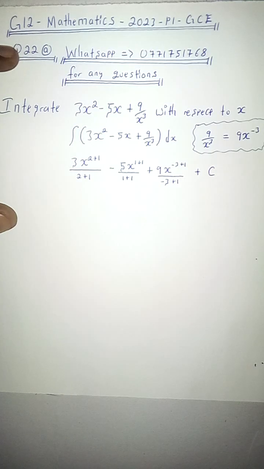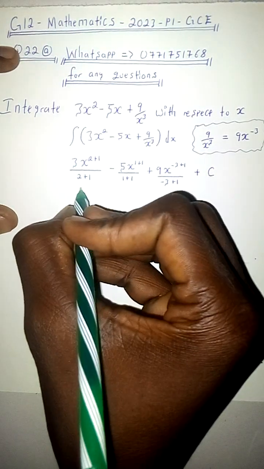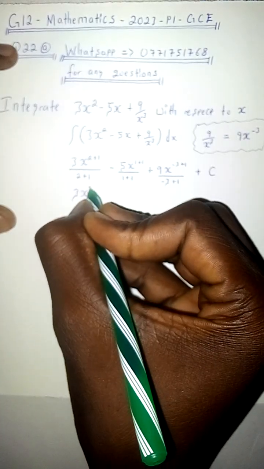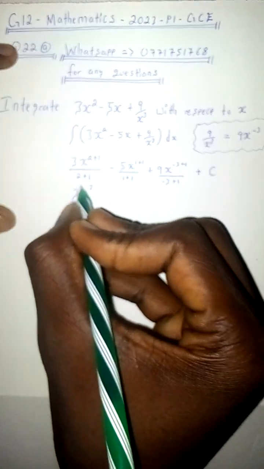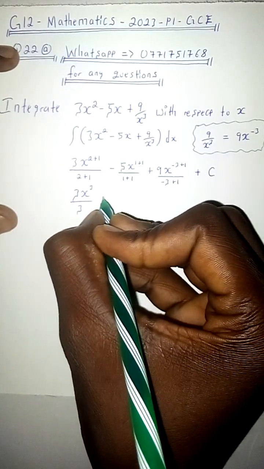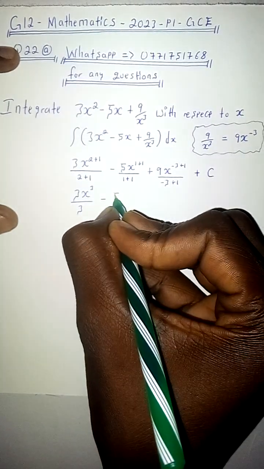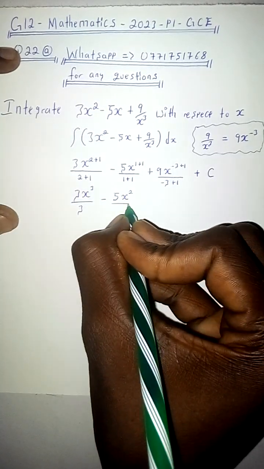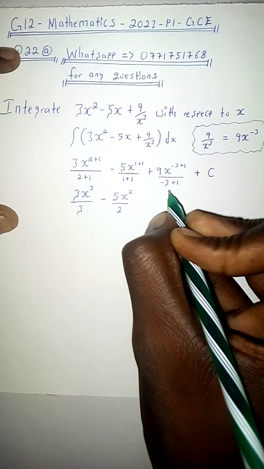Yes, guys. From there, we are going to have 3x to the power 2 plus 1, that's 3, over 2 plus 1, that's 3. Okay? Minus 5x to the power 1 plus 1, that's 2, over 1 plus 1, that's 2.